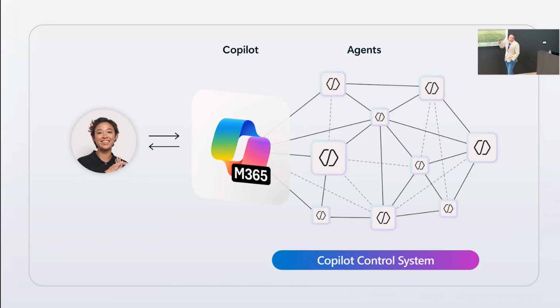So when we can work with our co-pilots and our co-pilots can work with agents, we can get a lot more done. And that's what we see for the future with Copilot and agentic AI. But making sure that we can do it with governance so that the business can feel comfortable scaling.